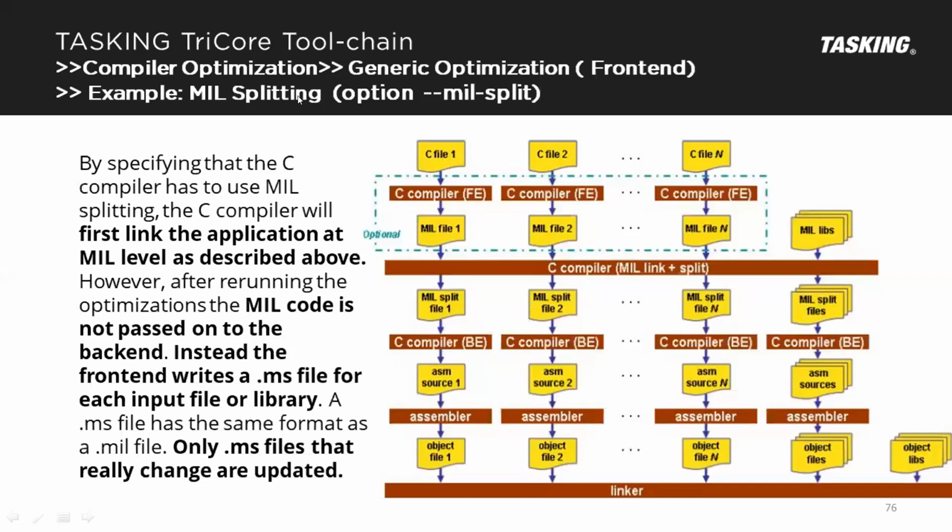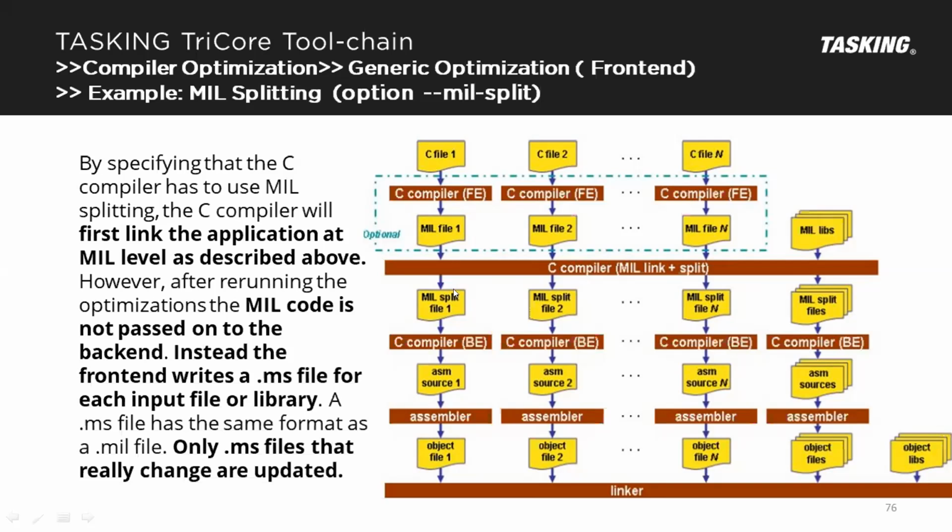Mill splitting works a bit differently than mill linking. You have the front-end optimization of the compiler already optimizing the mill code, and then the code is passed to the C compiler mill link. It will link the mill code again on the application level. Then instead of calling the back end, as we saw in mill linking, there will be mill splitting in this case.